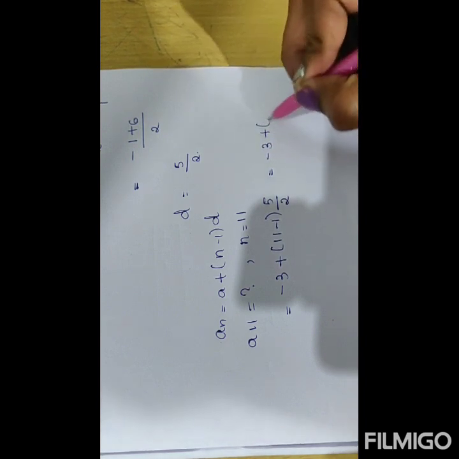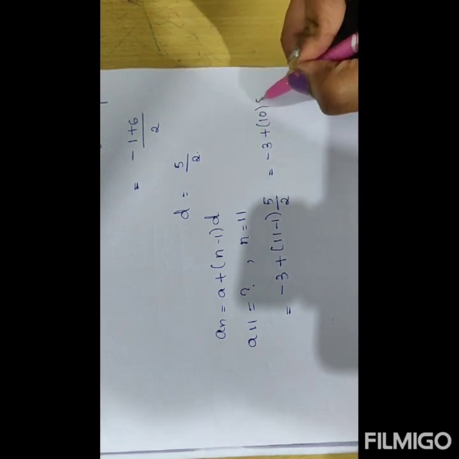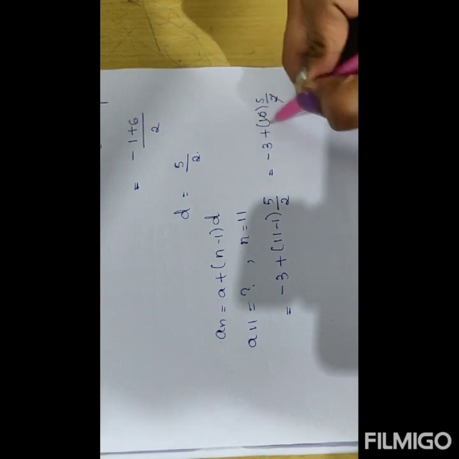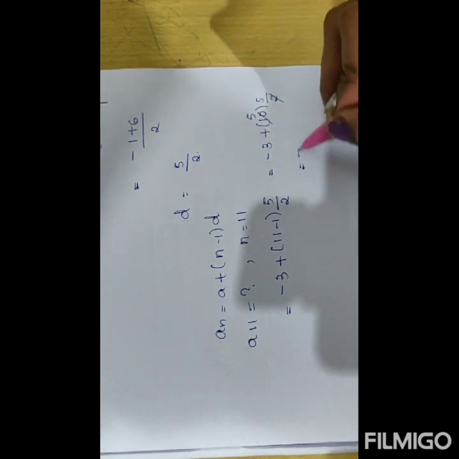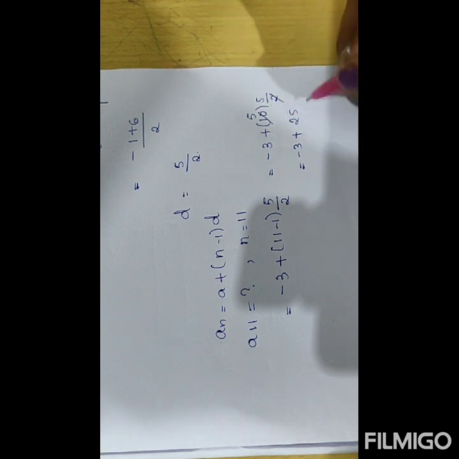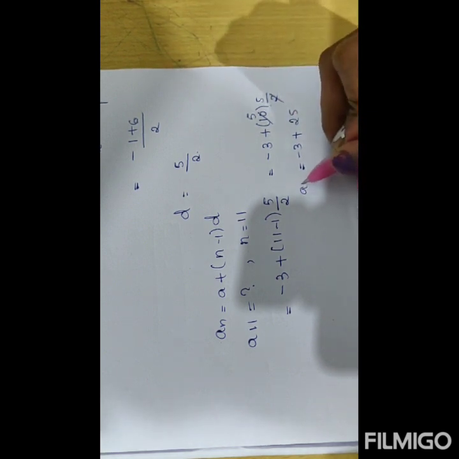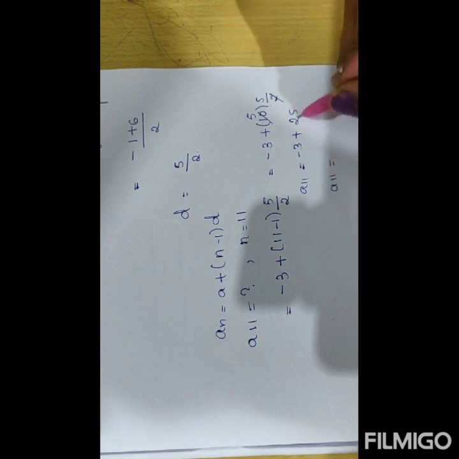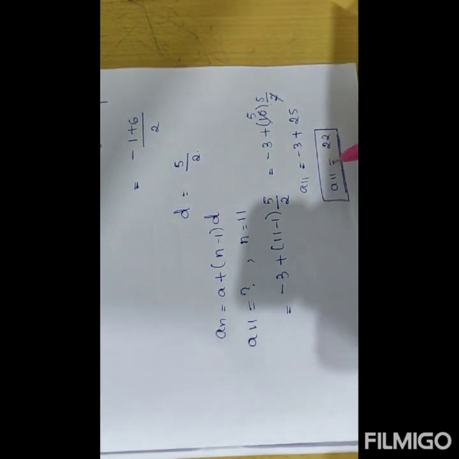Minus 3, 11 minus 1 is 10, times 5 by 2. So we can cancel here itself. 2 5s are 10. Minus 3 plus 5 5s are 25. Plus 25. So A11 will be 22. So the answer is 22.